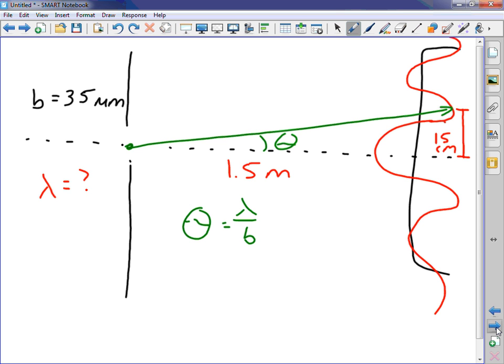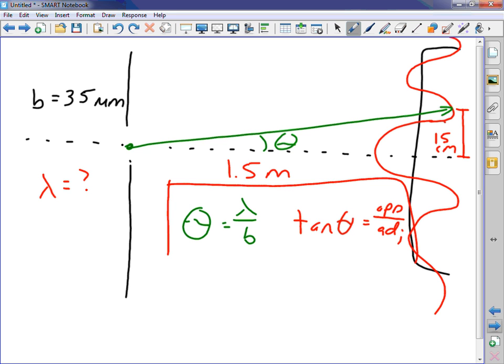I'm going to use tangent here, right? Tangent theta is your opposite over your adjacent. In fact, in this entire unit, those two equations right there are going to be the two that you're going to use almost always in practice. Okay.